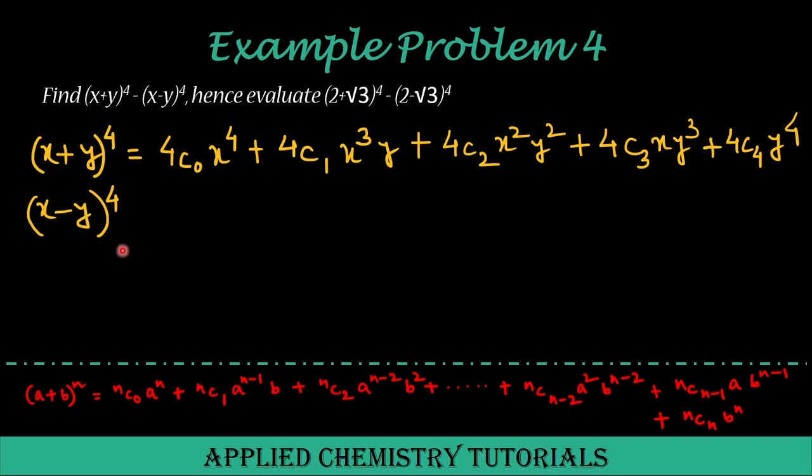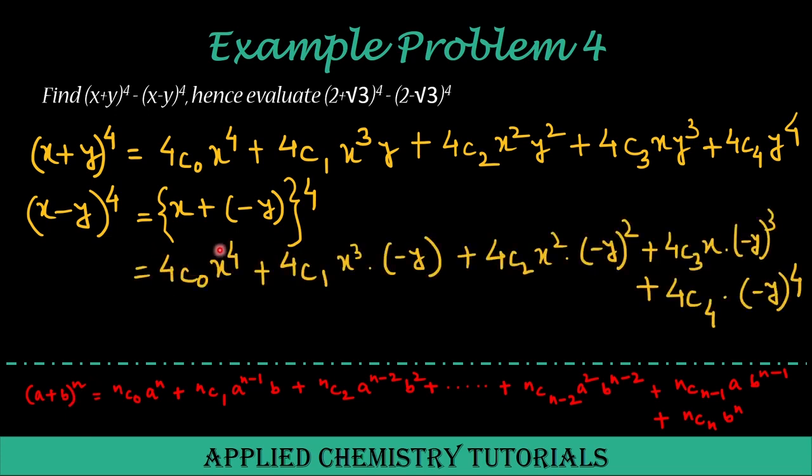So we can rewrite (x - y)^4 as (x + (-y))^4. And here we can clearly see that if we consider a equals x, b equals -y, and n equals 4, we can expand it using the binomial theorem, and it will be equal to 4C0 x^4 + 4C1 x^3 multiplied by (-y) + 4C2 x^2 multiplied by (-y)^2 + 4C3 multiplied by x multiplied by (-y)^3 + 4C4 multiplied by (-y)^4.